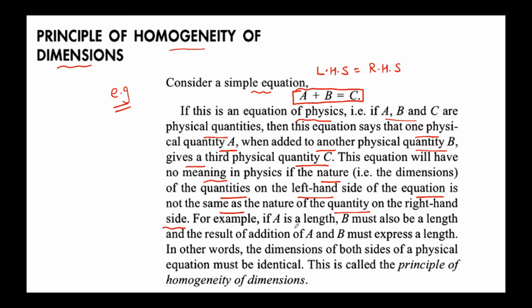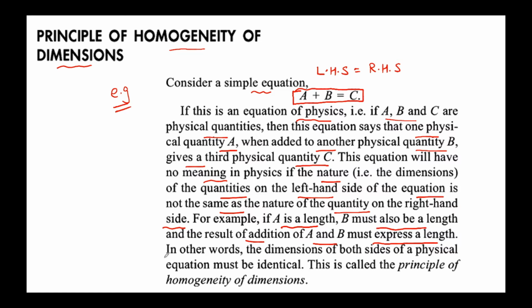For example, if a is a unit of length then b must also be a unit of length, so when we add these two quantities they should have the same units, and the result of the addition of a and b should also have the unit of length.